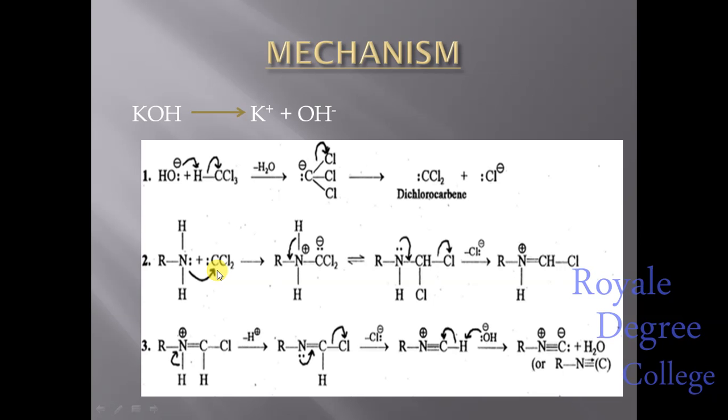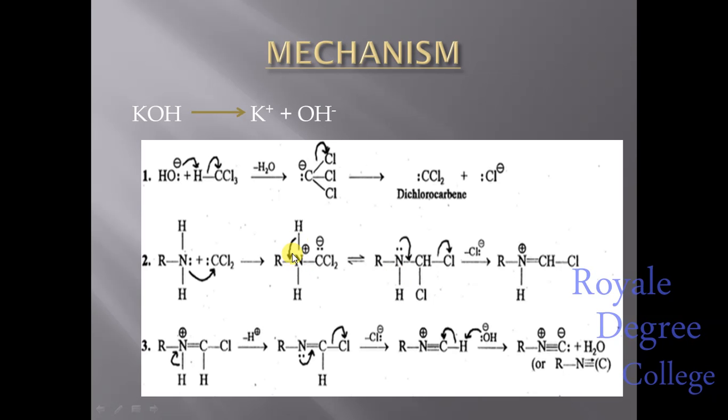So we are getting this structure, R single bond N, single bond H, single bond H, then single bond CCl2, on carbon an electron pair with negative charge, and nitrogen is becoming electron deficient, so it will carry a positive charge.